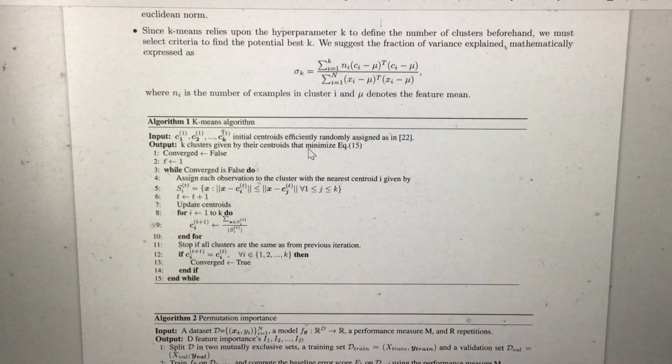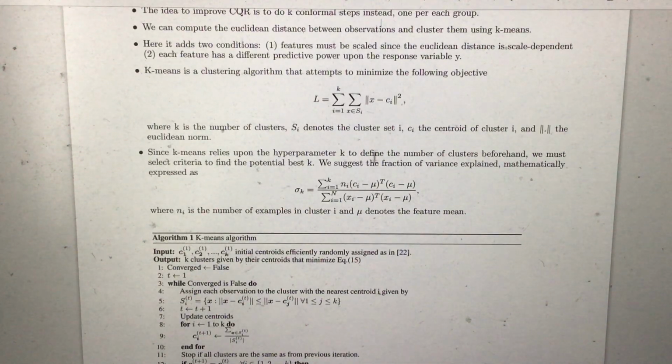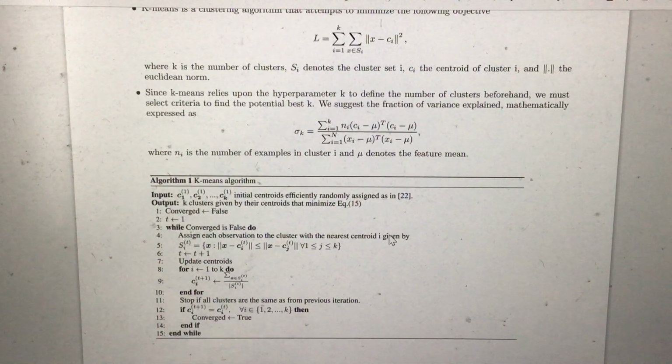For the k-means algorithm, we start with c_1 to c_k, the initial centroids, randomly assigned. The output will be k clusters given by their centroids that minimize this objective.